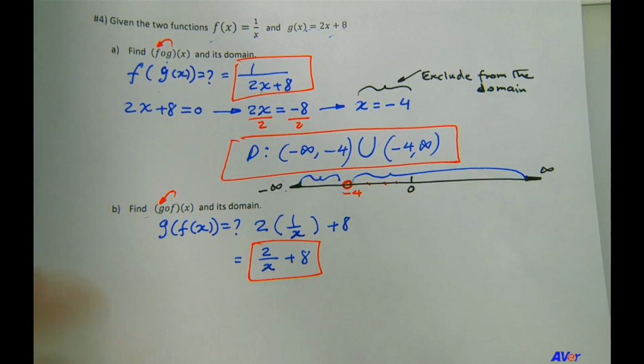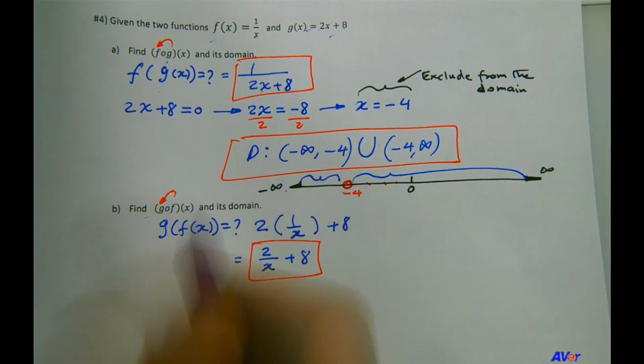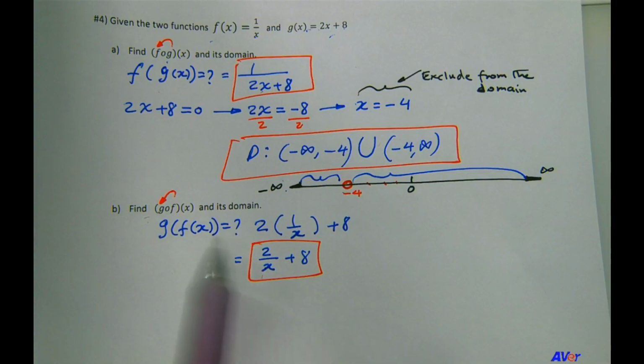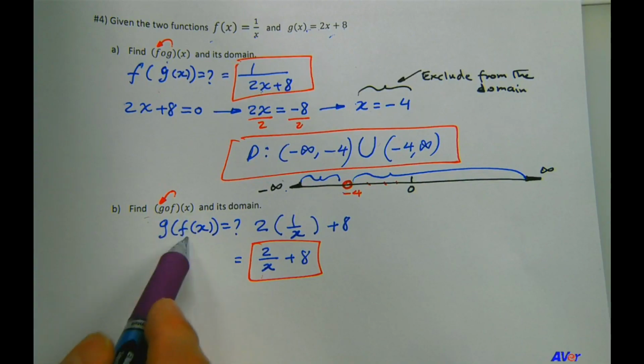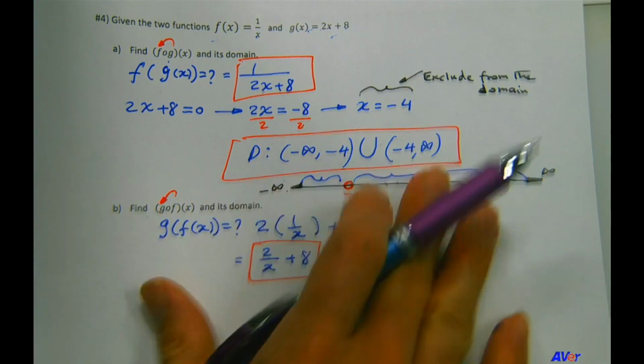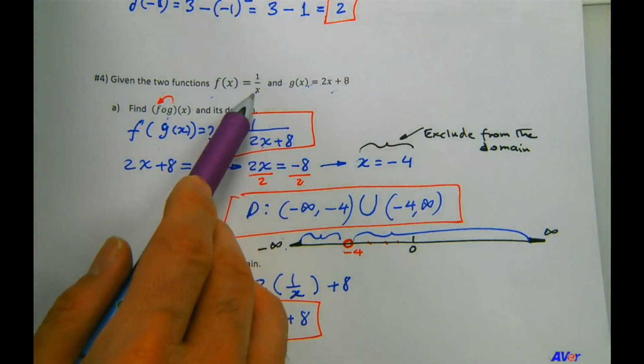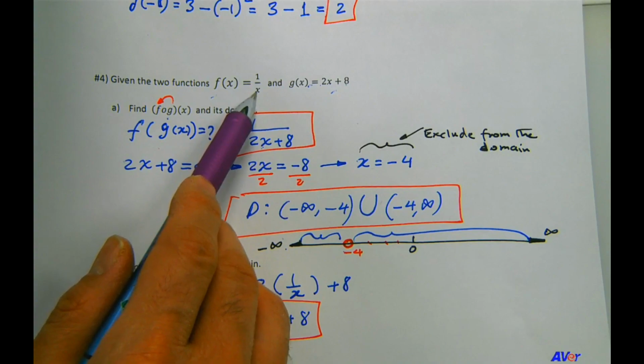Okay, so looking at the composition function, right away you can tell that x cannot be 0, right? So the domain of this composite function is everything except 0, because 0 would make the denominator on this function undefined. Now we're not done yet, because we have to look back at the domain of the function that was replaced in g, which is f. The domain of 1 over x also excludes 0, right?